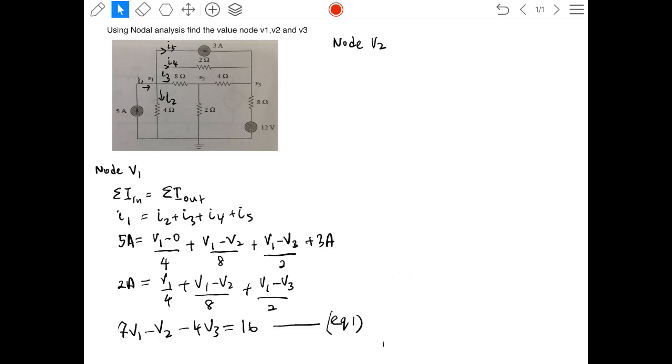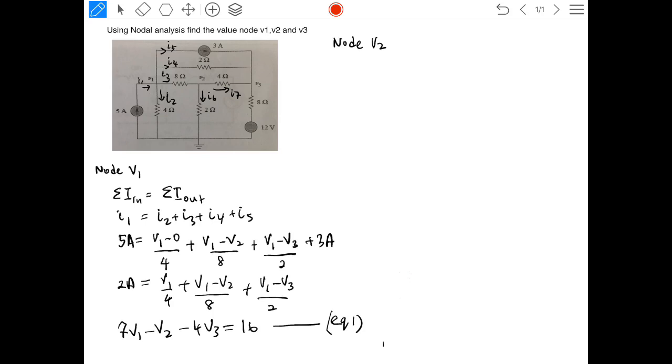Now let's rename the rest of the paths. We have here I6, and this path here as I7. So for the node V2, there are 3 different paths: I3, I6, and I7. So similarly, just like the previous node, we write the equation for all these 3 paths.